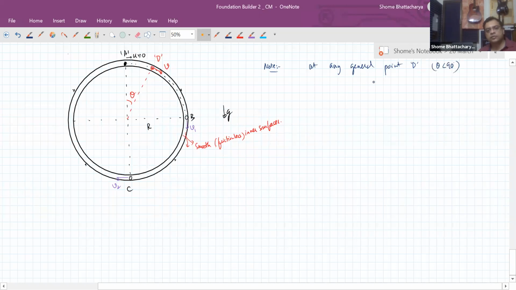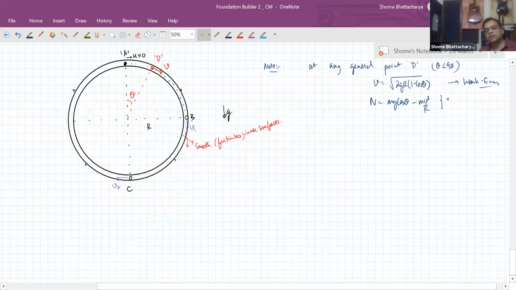We have v equal to square root of 2gr(1 minus cos theta). This was from work energy. And normal reaction was mg cos theta minus mv square by r.